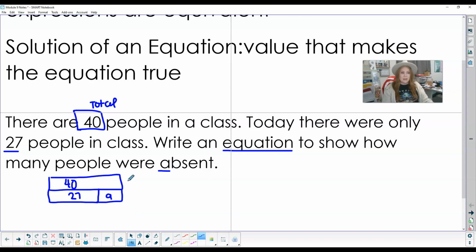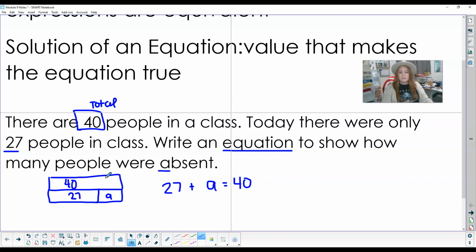There are a lot of ways that I could write this. When I put 27 and the absent people together, that should equal 40. So I could do 27 plus A equals 40. I could also do A plus 27 is 40. That commutative property can flip them back and forth.